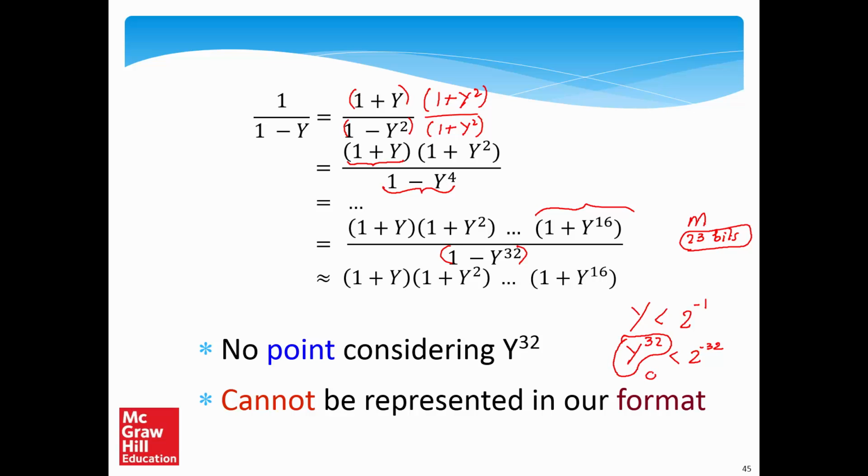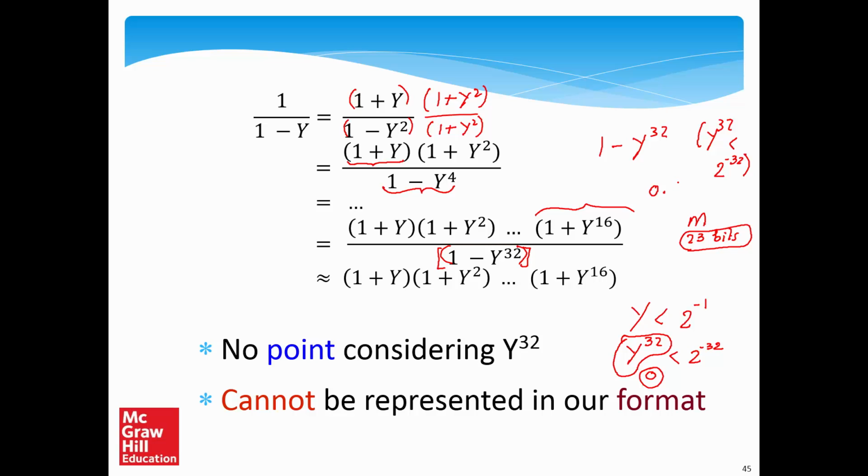The reason being that it cannot be represented at all within our 23 mantissa bits. So I cannot represent a number 1 minus y to the power 32, and the reason that's the case is that 2 to the power minus 32 basically means that we have 0.